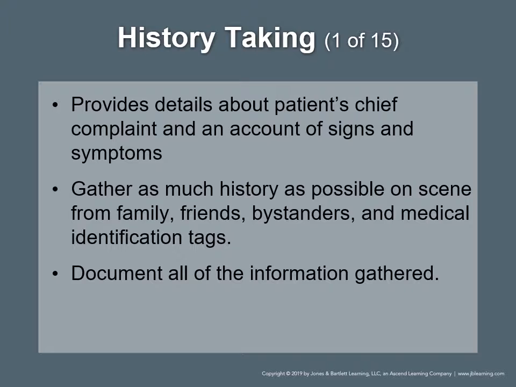So when you put on oxygen and how much, if you gave aspirin and how much, if you gave nitroglycerin and how much, all those things are very important. So are times of medication administration, or if you applied a splint, that you checked pulse, motor and sensory before the splint application and after. These things are all very important to document.